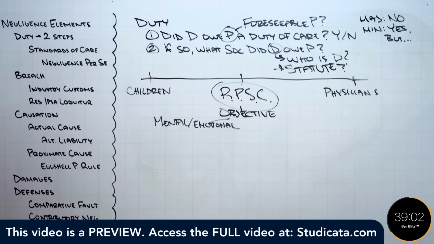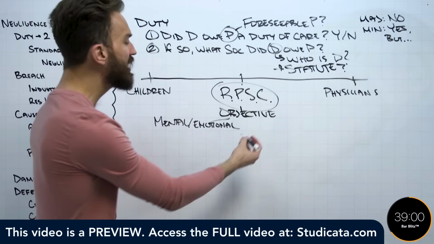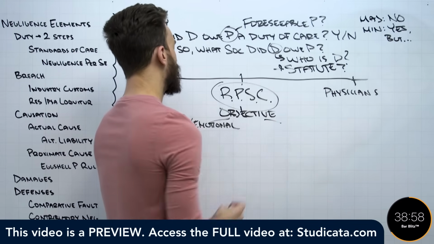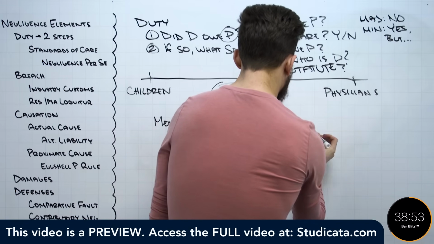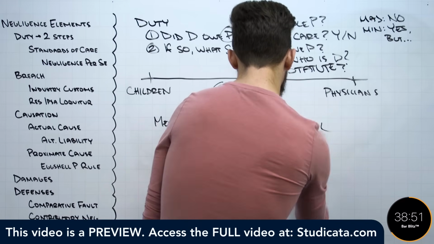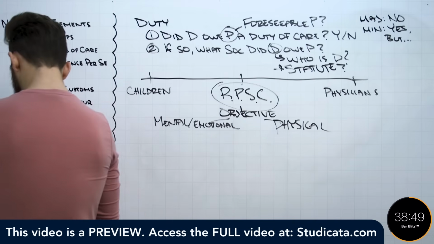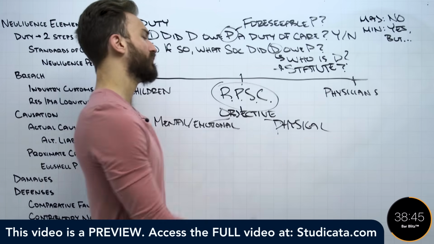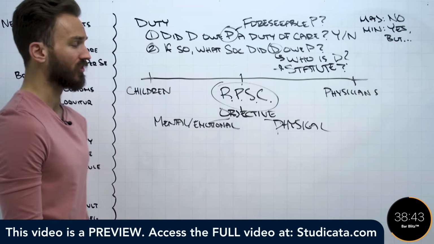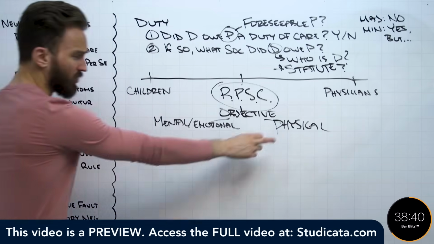The only time we would give any kind of leeway on this is if there are physical disabilities, right? Physical disabilities can be considered in the analysis, though it is still an objective test. So if you had a blind defendant, that's a physical disability.